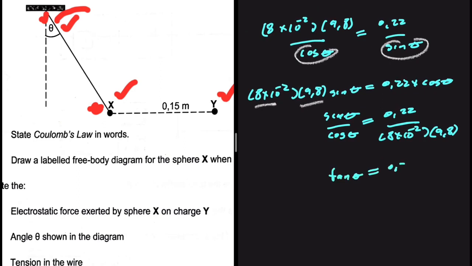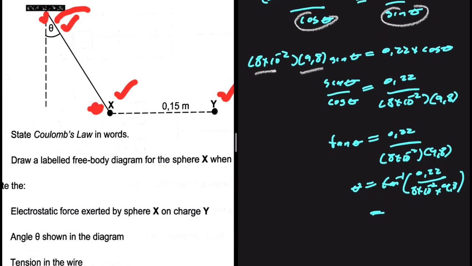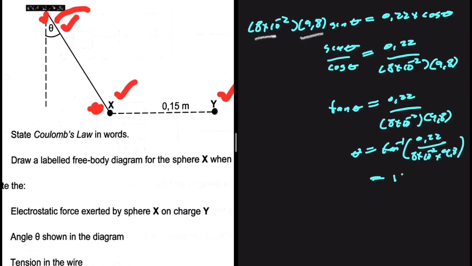And this is equal to 0.22 divided by 8 times 10 to the minus 2 multiplied by 9.8. Now I just need to say theta is equal to arctan of 0.22 divided by 8 times 10 to the minus 2 multiplied by 9.8. And if you put that in your calculator, you should get theta being equal to 15.4 degrees.